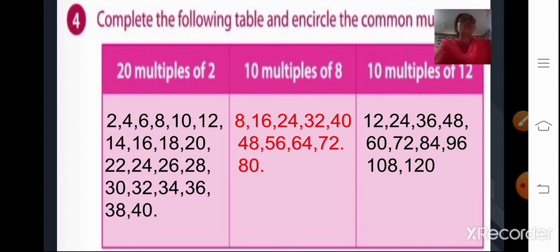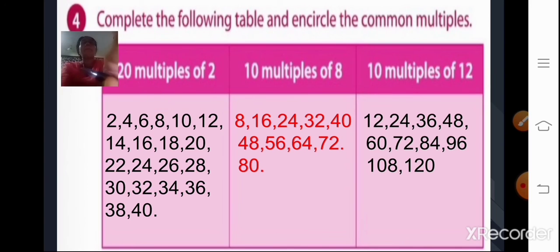Now coming to the next one. Complete the following table and encircle the common multiples. If you have a textbook, you can see the table is given where you have to write 20 multiples of 2. You have to multiply the number 2 till 20 times and write the numbers here. 10 multiples of 8, like 8 ones are 8, 8 twos are 16, till 10 times. 10 multiples of 12, you will multiply 12 till 10 and write all the numbers.